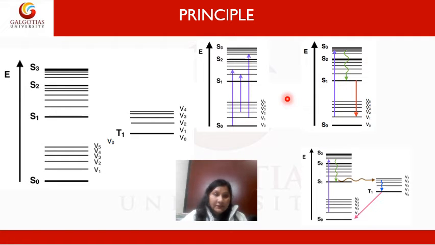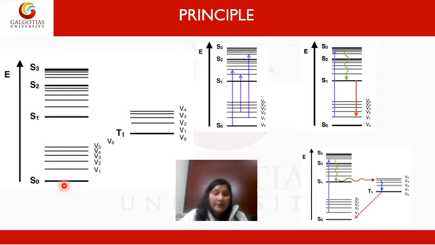Now we will understand the terms fluorescence and phosphorescence by using this Jablonski diagram. You can see here this is a standard Jablonski diagram. This is S0, the ground state on which the electron resides when the electron is in a lower energy state. After absorption of energy, the electron jumps from the ground state to an excited state.